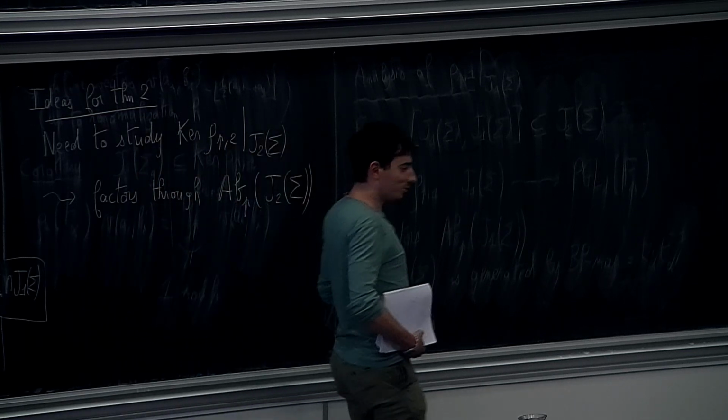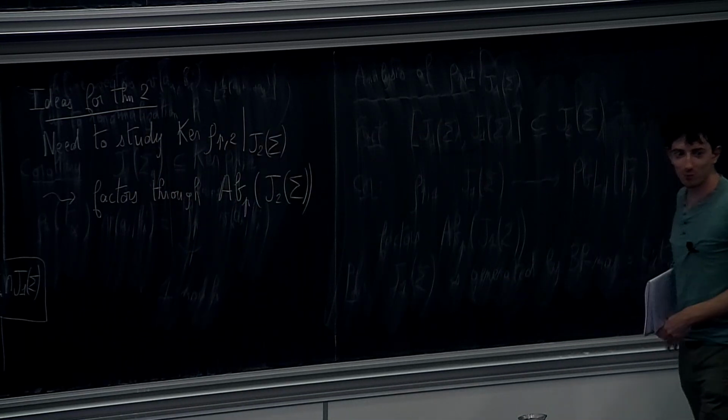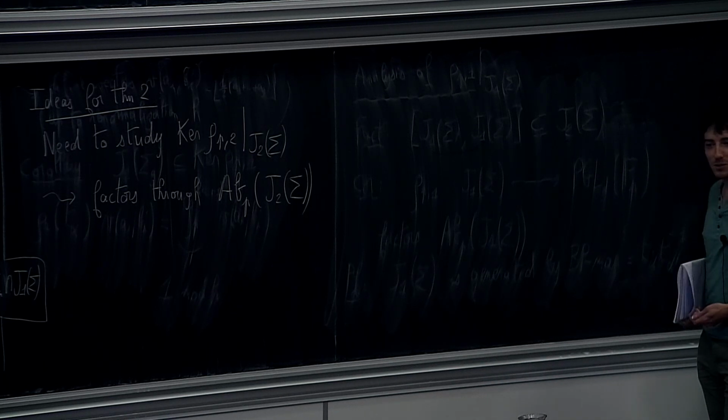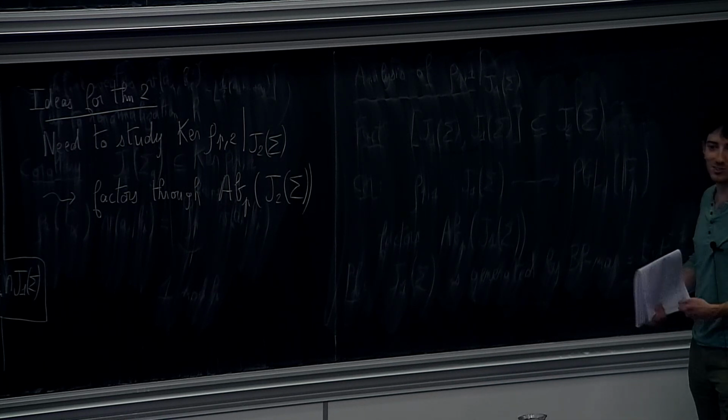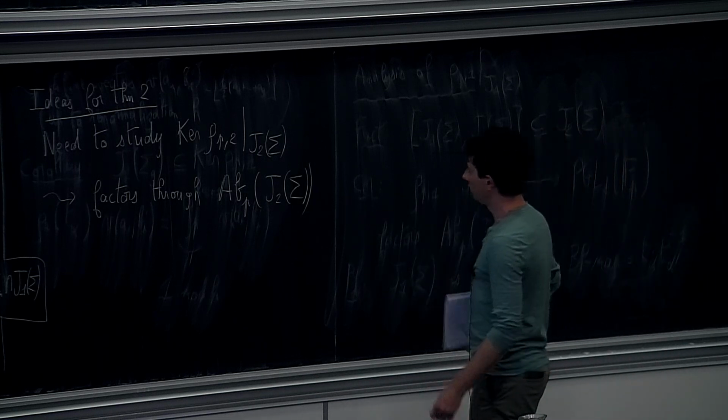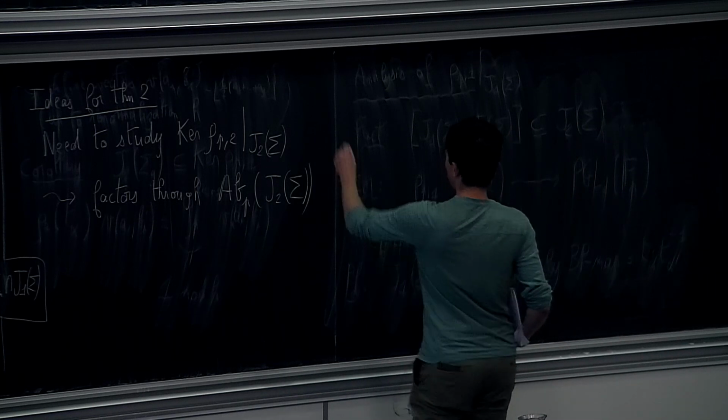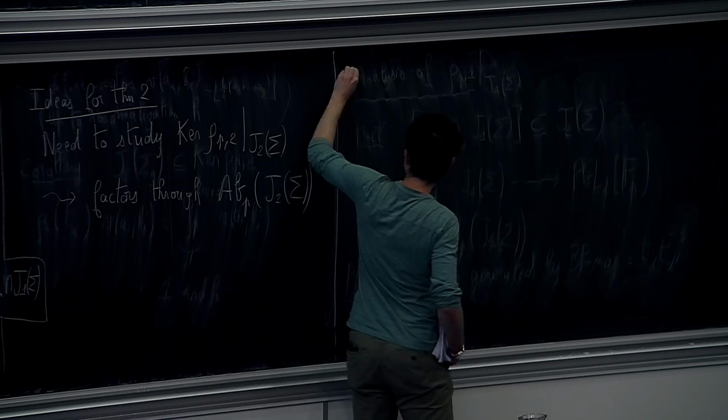So we know that it's already difficult to understand the abelianization of the Torelli group, and it's even more difficult to understand that of the Johnson subgroup. So we need two results for this.